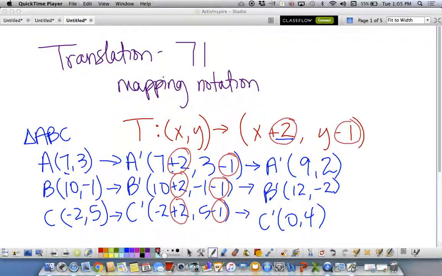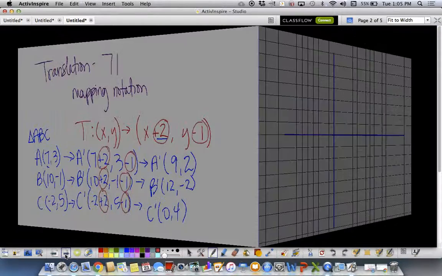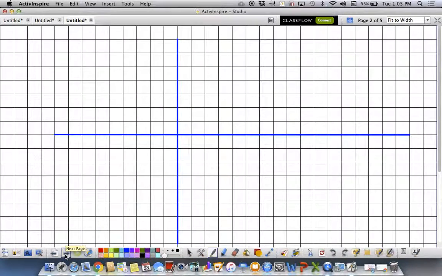Mapping notation is just a little different. I already have a grid there. What if I just draw something for you? Does it have to be a triangle? No, I can draw any shape I want. Generally not a circle, but a polygon of some sort.